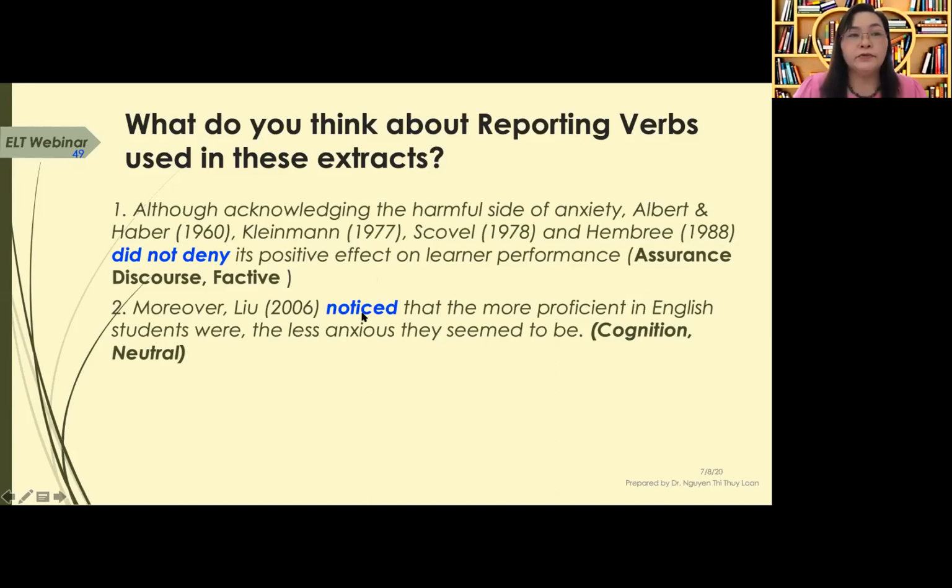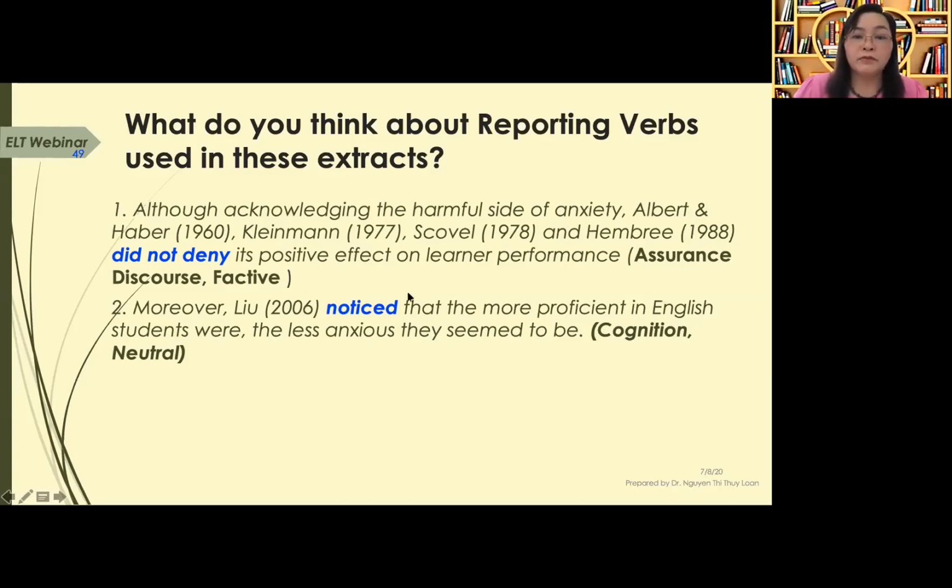So if you are in support of this argument, but you use the verb notice, actually you did not show that intention at all. So for example, if you want to show that I agree with this finding, you have to say that I and Liu agree that, or maybe asserted that, or found that, rather than notice that, because notice is the neutral one. The neutral one means you show no position, no stand to the cited message at all.